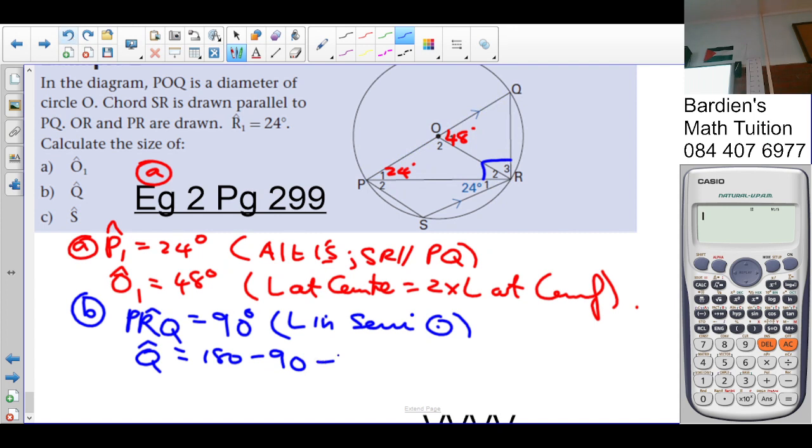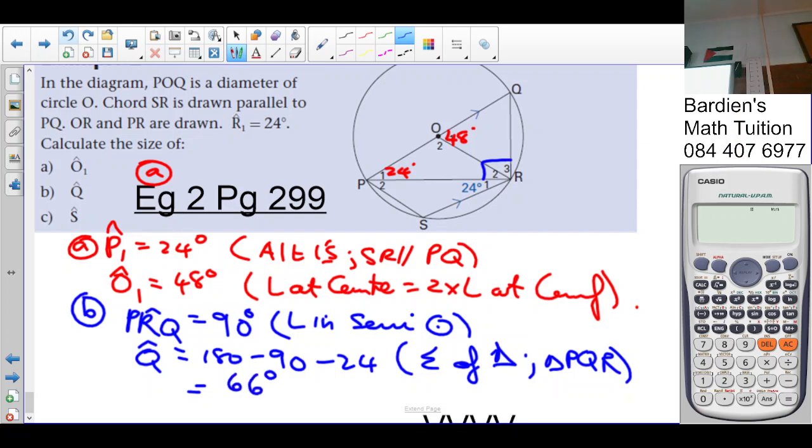Not so? And the reason there, sum of angles of a triangle, and it's triangle PQR. So 180 minus 90 minus 24 is what? 66 degrees. Okay.